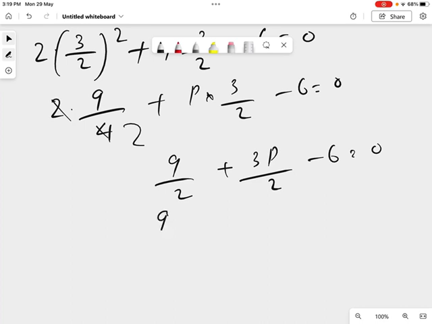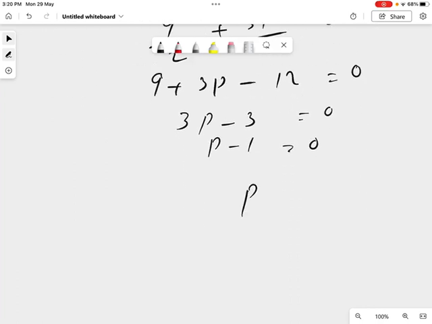That is 9 plus 3p minus 12, taking the LCM, is equal to 0. That is 3p minus 3 is equal to 0, that is p minus 1 is equal to 0, that is p is equal to 1. The value of p is equal to 1.